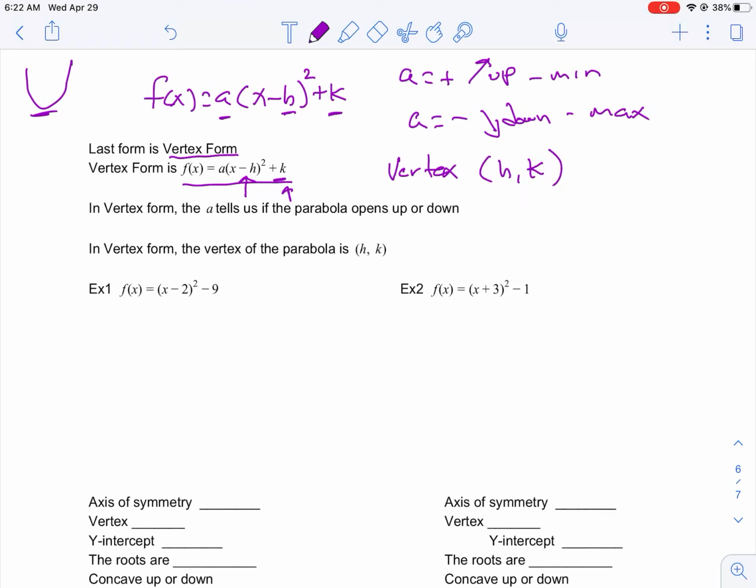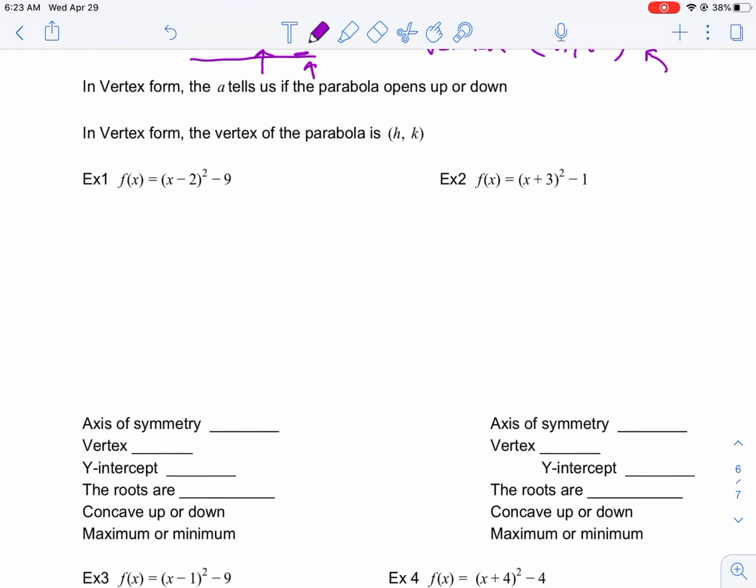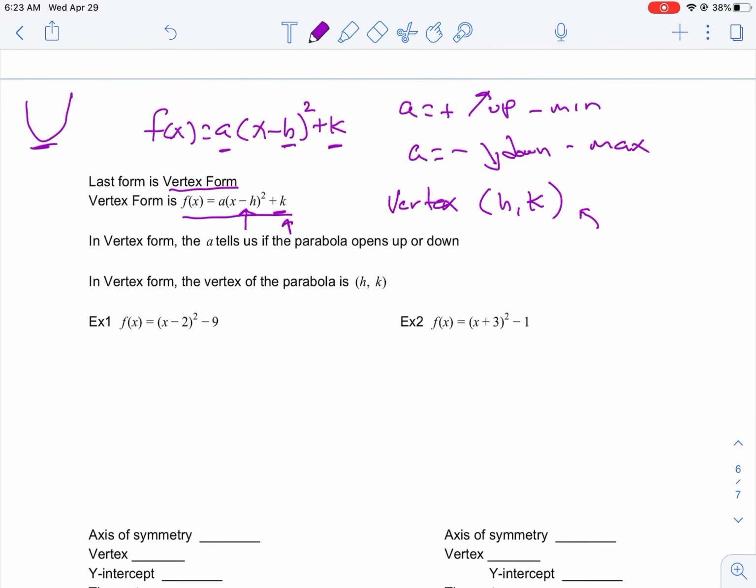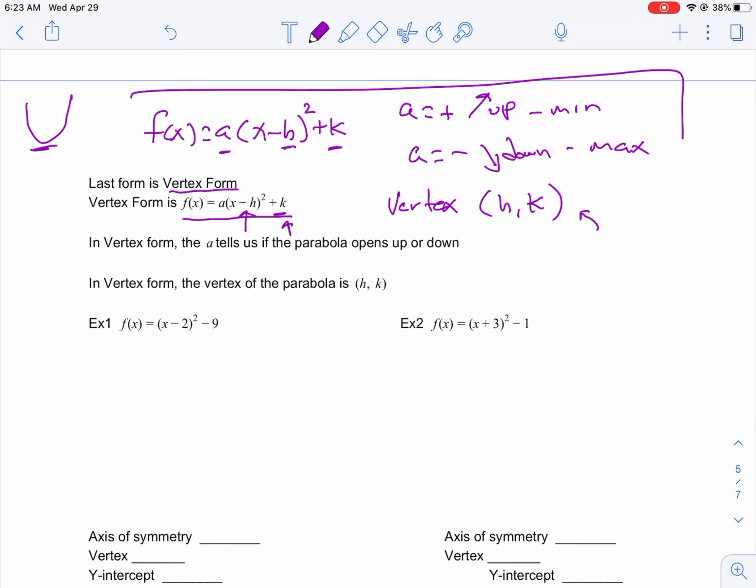You're done. If we know the vertex, I'll show you, we can pick out the axis of symmetry real quick. And then we'll do some algebra to find everything else, okay? This is all you have to memorize. The tough part is knowing that the h is always the opposite of whatever's inside the parentheses, okay?